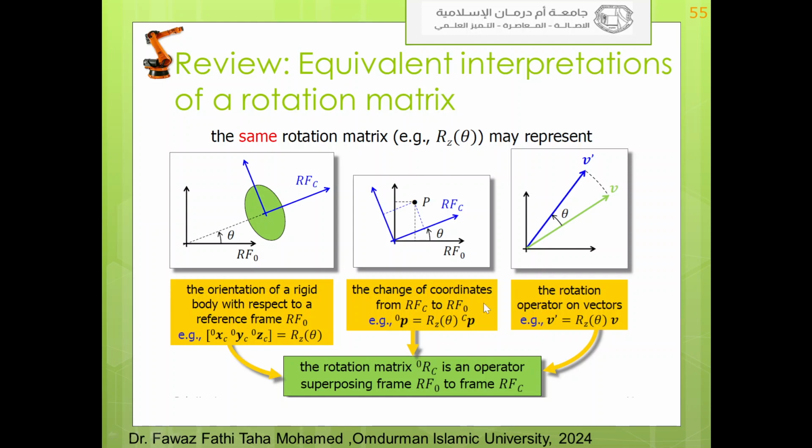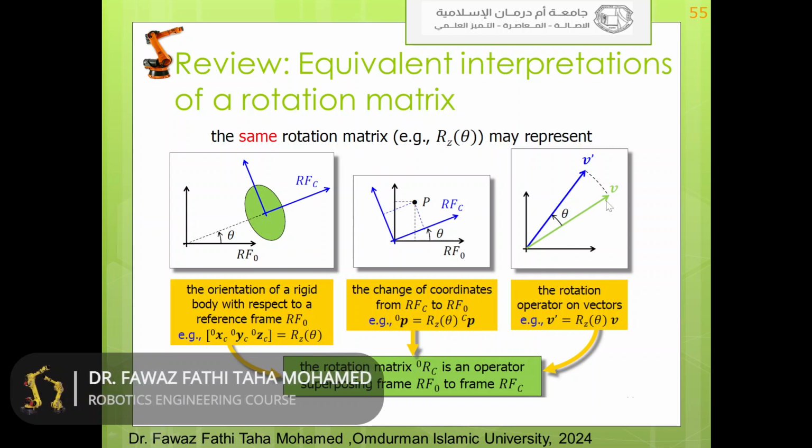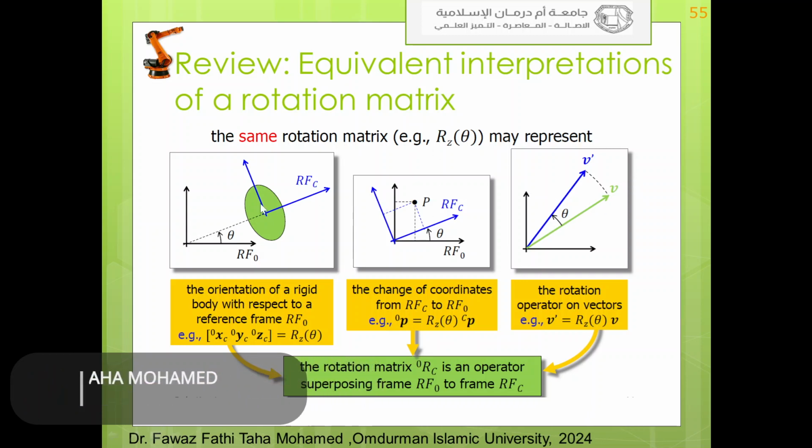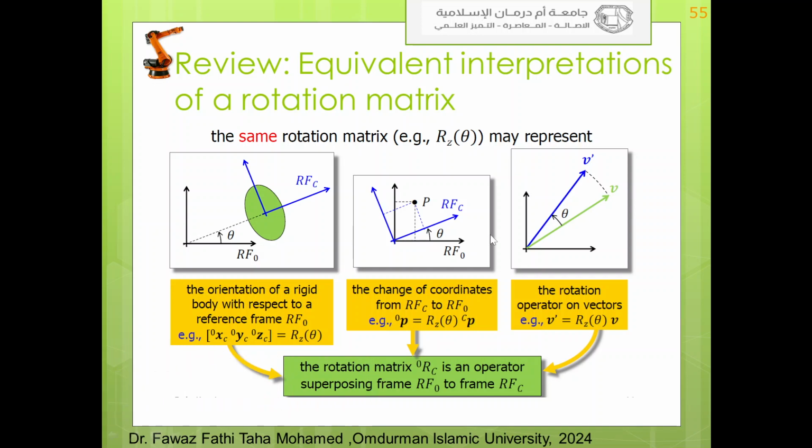But here I will show you the simple and brilliant method, which is based on the principle of the representation of rotation matrix. As we said before, we have three cases in which we can use a rotation matrix.